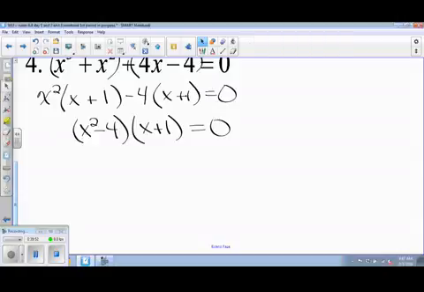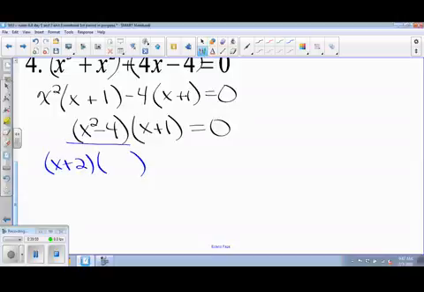All right, so let's factor this. This is the difference of two perfect squares, so that's x plus 2 and x minus 2. And then I still have x plus 1 equals 0. That would be it, and you set each factor equal to 0.